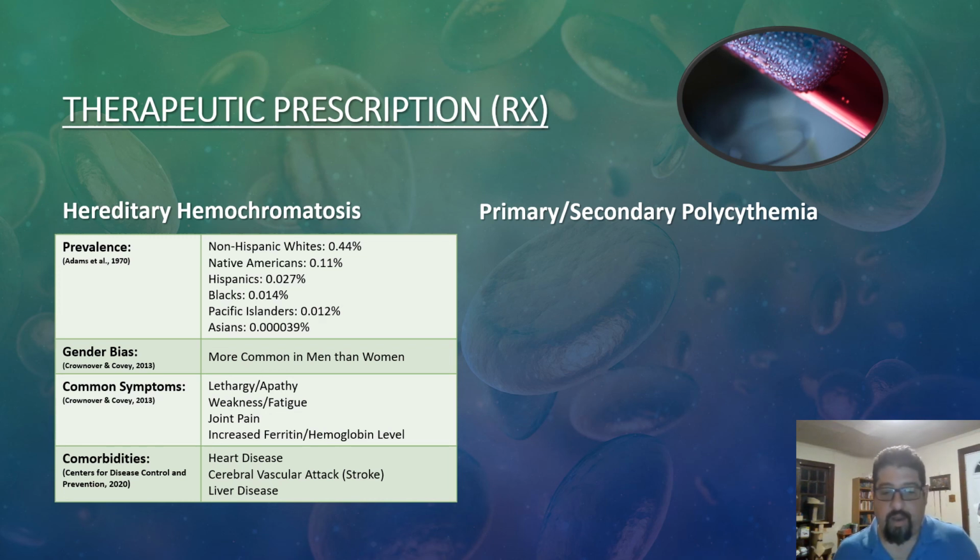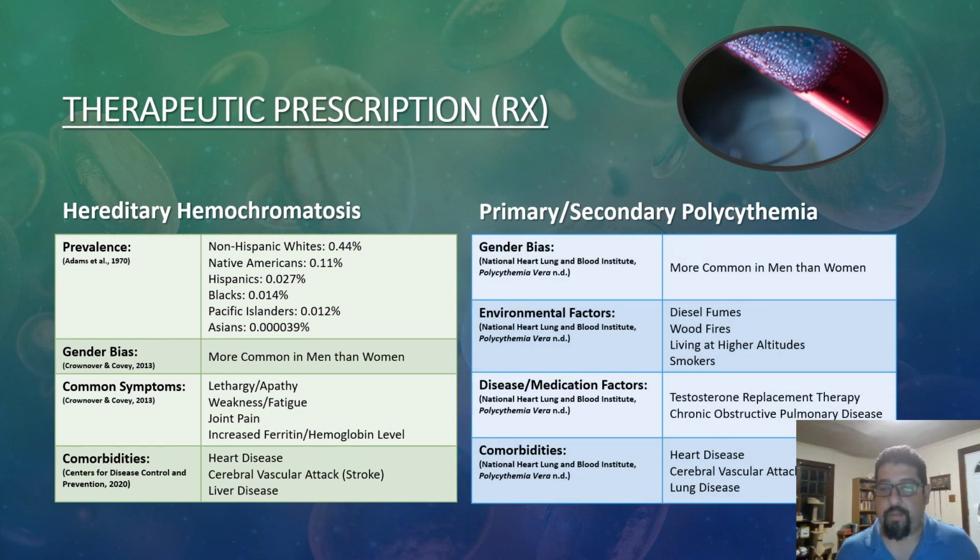Now we also have polycythemia. With polycythemia, the red cells have changed. They've become more massive, or there are more of them, and either way, they're clogging up the works. Whereas with hemochromatosis, there's so much backup of iron, with polycythemia it's pretty much clogging the arteries and the veins.